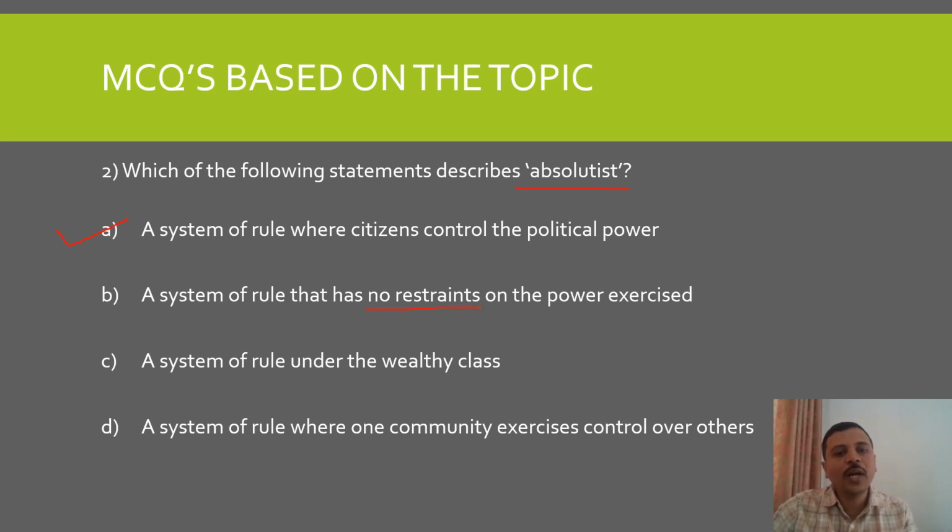C, a system of rule under the wealthy class, or D, a system of rule where one community exercises control over others. I hope you have identified the correct answer, which is a system of rule that has no restraint on the power exercised. So, uncontrolled power a monarch has in his hand. So, he is called absolutist monarch.